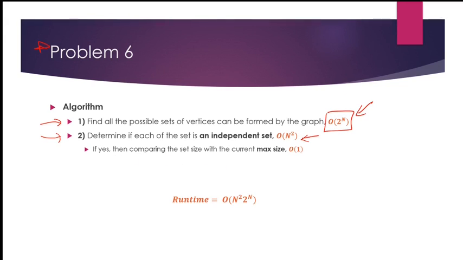And if it's yes, we just compare the set size with the current max size. For comparison operations, it's only a constant 1 second, which we assumed in the previous video. All of these give you this runtime. So this is the general algorithm to solve the problem using brute force.